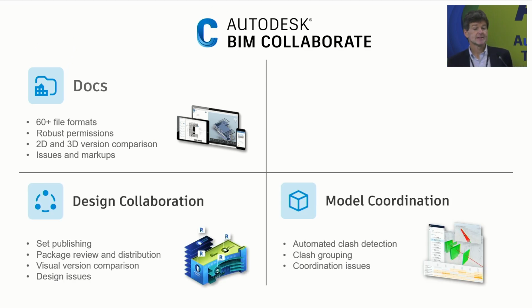The next one is BIM Collaborate, which I was talking about during my presentation. There is this design collaboration with timeline and model coordination, basically clash detection in the cloud. If we are talking about BIM Collaborate, it automatically contains the functionality of Docs, the common data environment.